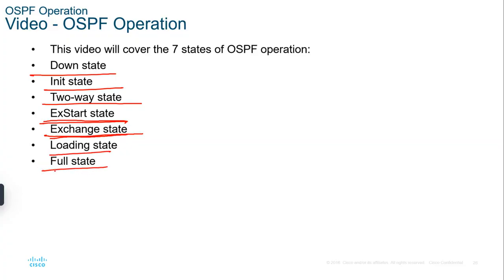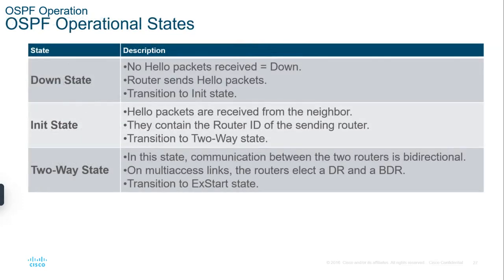If you go through your account, you will be able to play the video and go through these states. In down state, no hello packets are received. In other words, the status is down. The router sends hello packets, but it's not going to receive, and then transitions to initial.